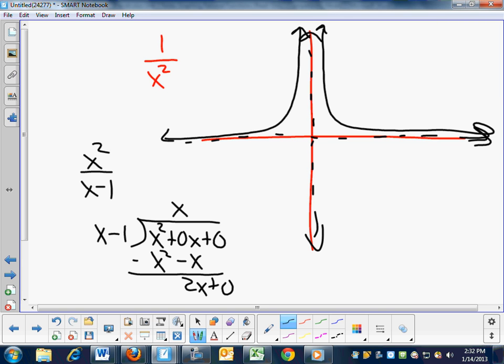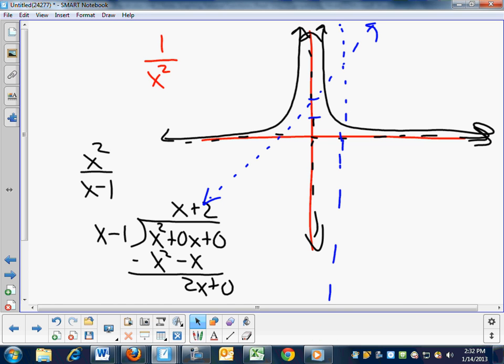What do you multiply x by to get 1x? 1. So this graph wants to look like x plus 1, a line with a slope of 1. And it's undefined at positive 1. So for that one, you would have 1 region, 2 regions, 3 regions, and 4 regions.